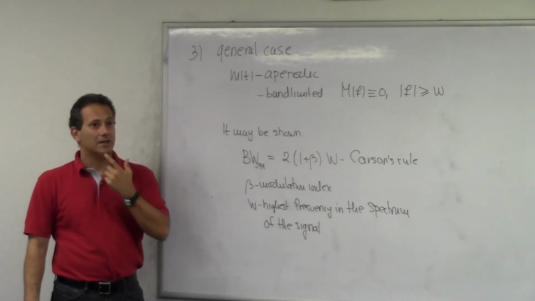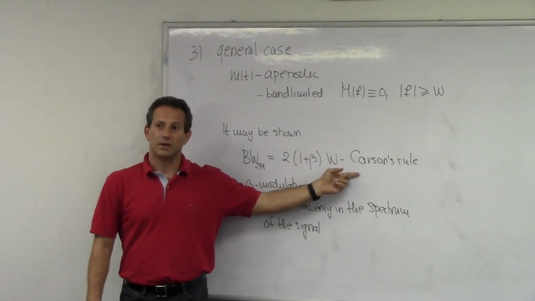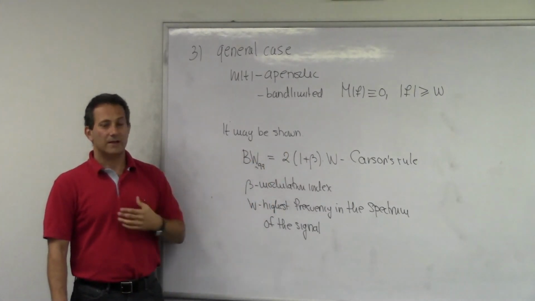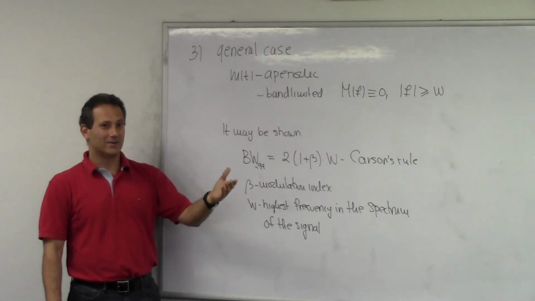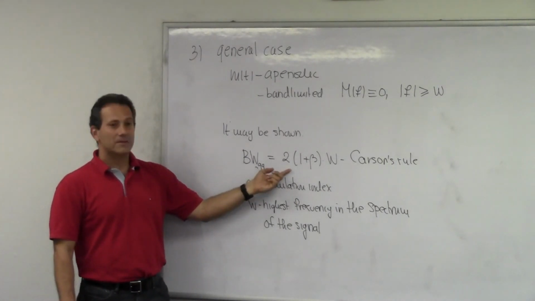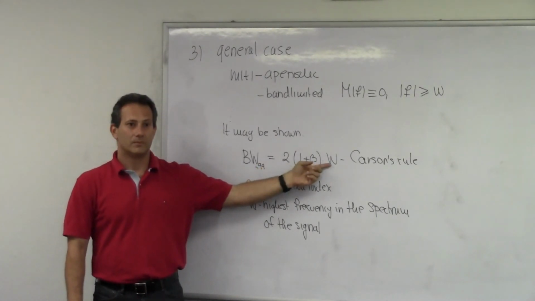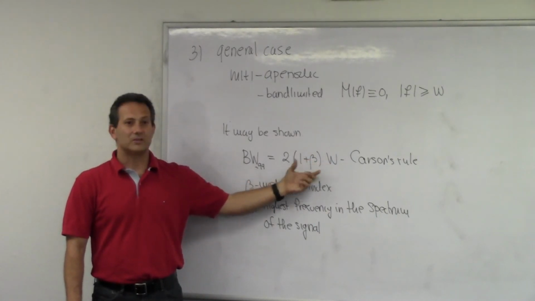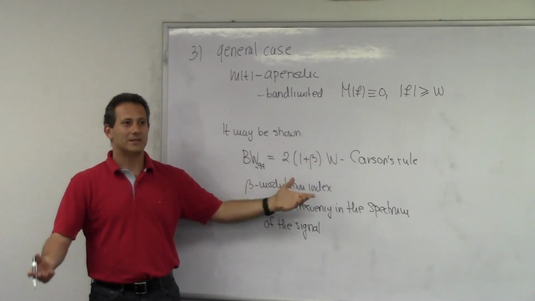An interesting thing is that when Carson derived this formula, the purpose was to demonstrate that FM is useless, right? The way he argued is, well, look at the bandwidth of this signal. Amplitude modulation with double sideband, large carrier or suppressed carrier, has a bandwidth of 2 times W. But FM is never that. It's always greater, because as soon as I modulate, I'm going to exceed that bandwidth.